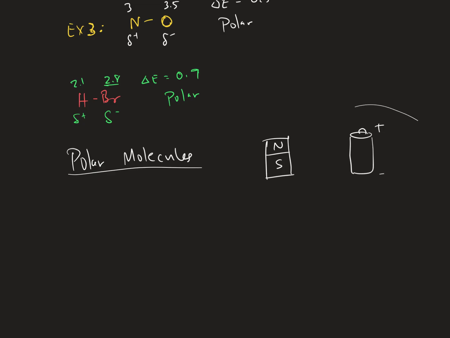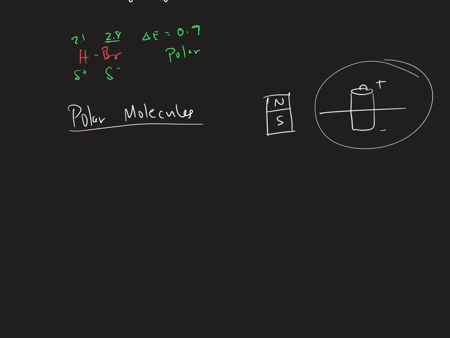And we're dealing with charges, right? If we can separate the positives from the negatives, it's a polar molecule. You following me? So that's kind of where we're getting at. Let me give you some steps on how to determine this.